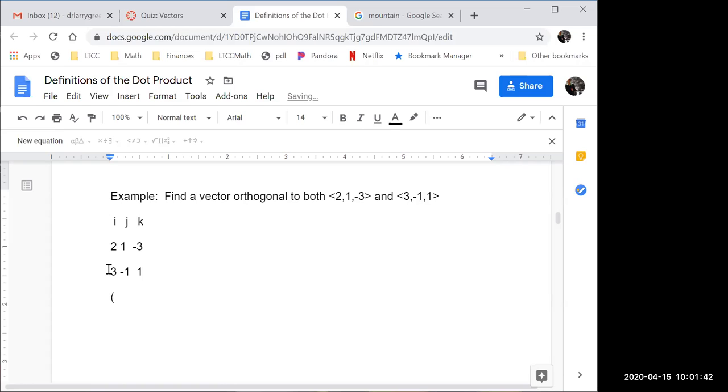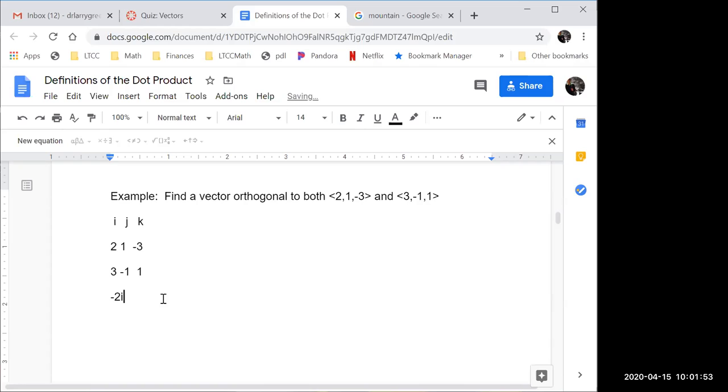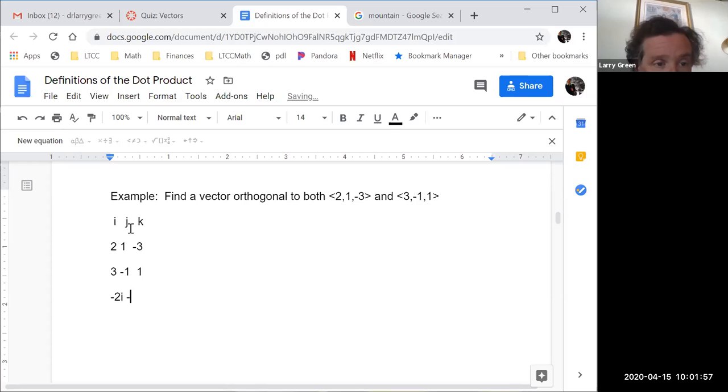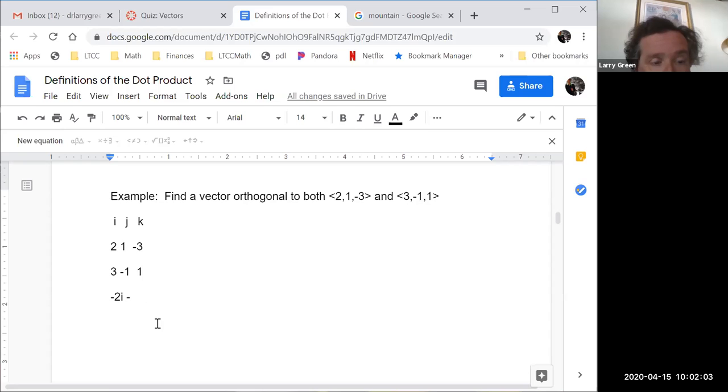So for the I component, I'm going to have 1 times 1 minus -3 times -1, and that's -2. And then we're going to have a minus, because now we're going to do the J component. And we're going to have 2 times 1, that's 2, minus -3 times 3, that gives you 11.